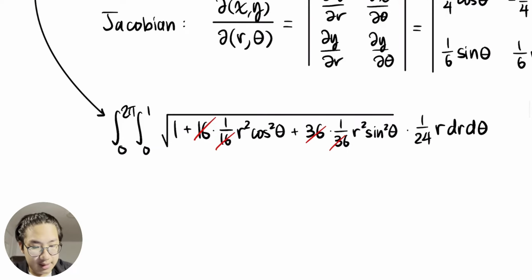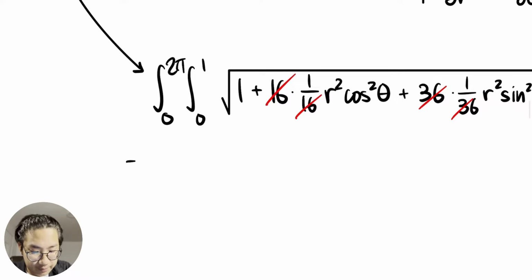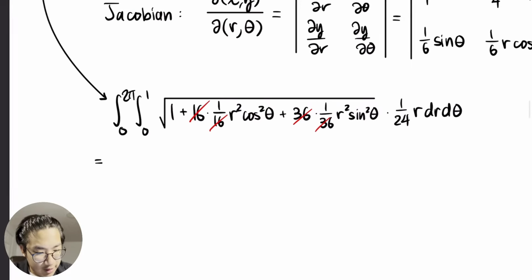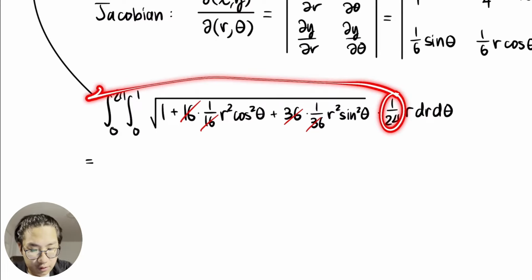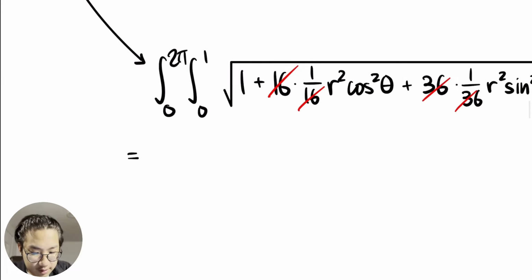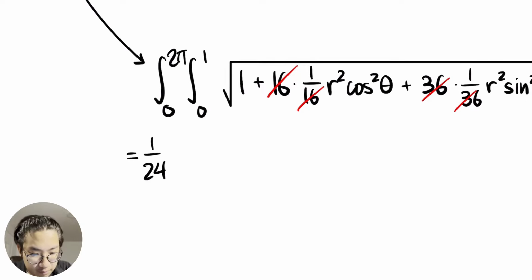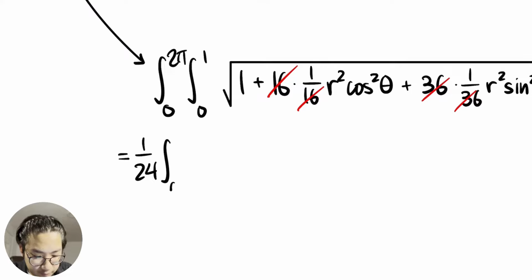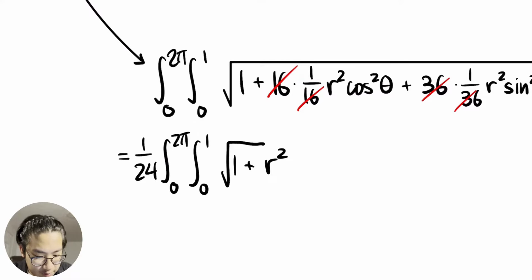So our next step then simplifies to the following. And yeah, we can also move this 1 over 24 out to the front. So we have 1 over 24 times the integral 0 to 2 pi, and then 0 to 1, and then we just have the square root of 1 plus r squared, times r, and then dr d theta.